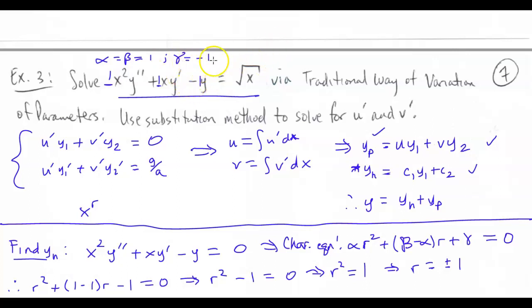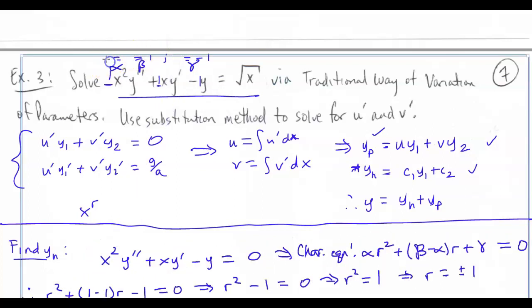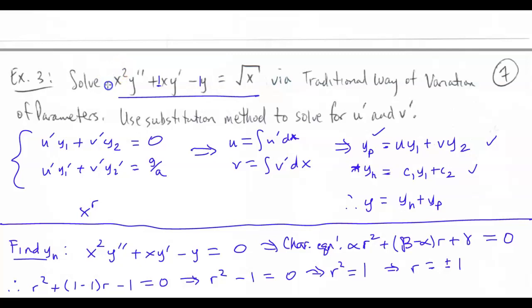Okay. Now, in the grand scheme of things, let me erase this for a second. If I was to get rid of all of this, we know that what we have here, this equation, would follow the profile of a y double prime plus b y prime plus c y equals g.